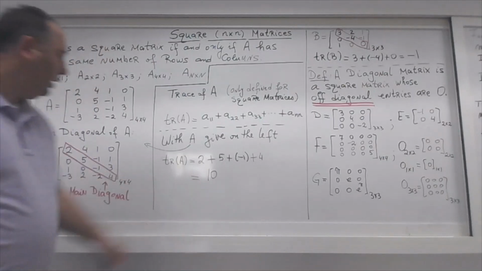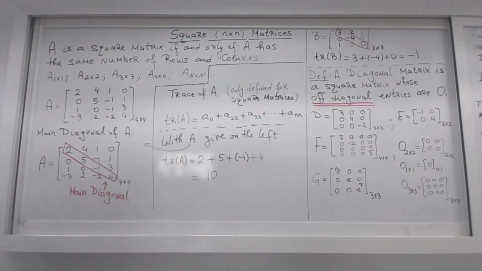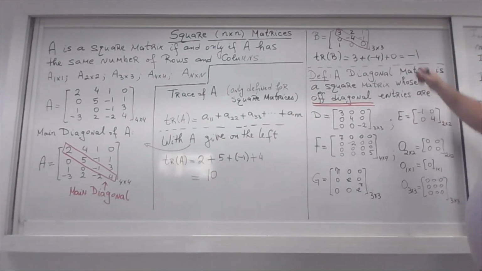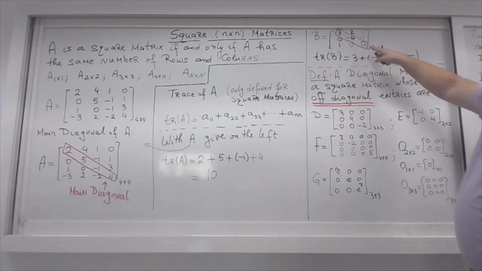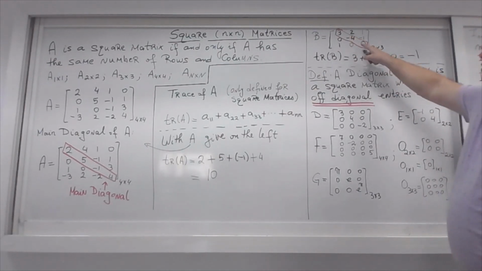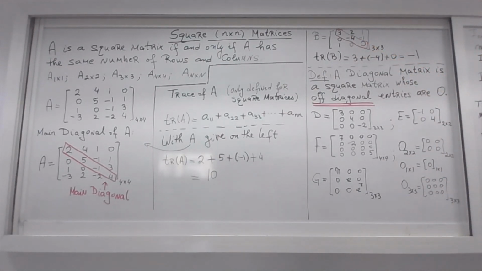So we add, and the trace is 10. For another square matrix 3 by 3, here, the trace is summation of diagonal entries. So 3, -4, and 0. So we add all that, the result is -1. So that's the trace of B. So that's just terminology actually.